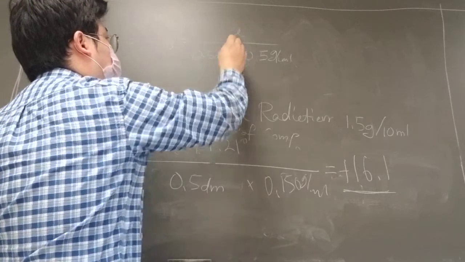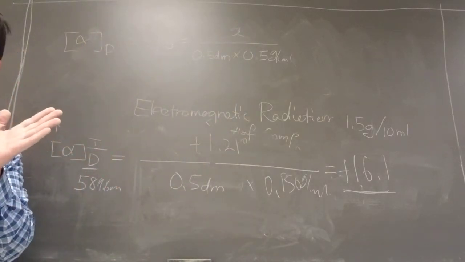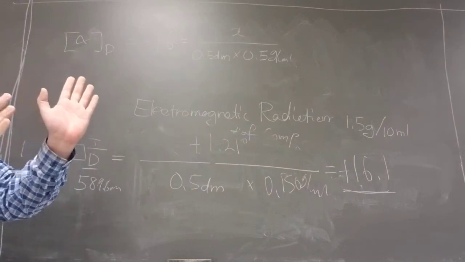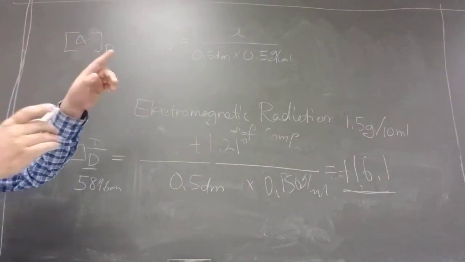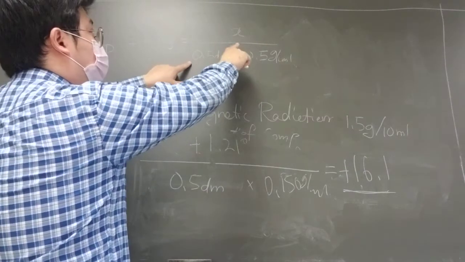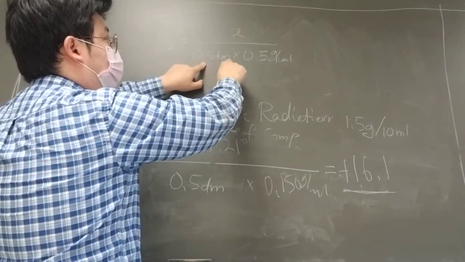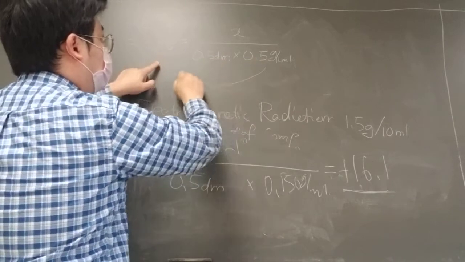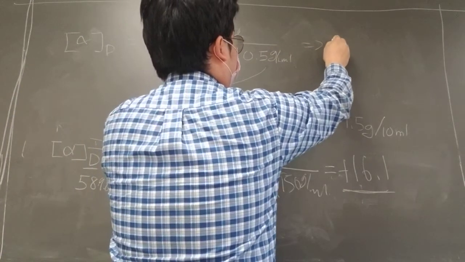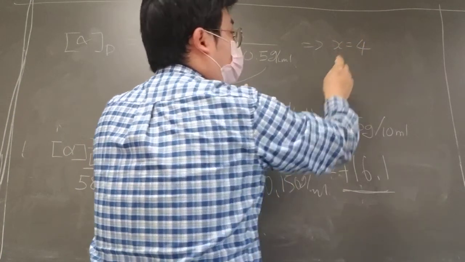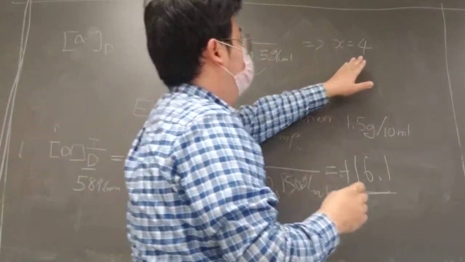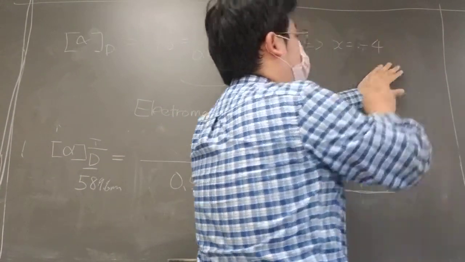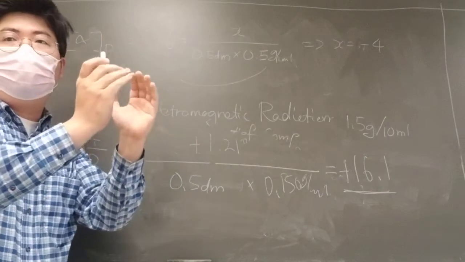And what might be the observed angle there, right? So you just need to do it the other way. This is x divided by 0.5 and 0.5, right? So you just need to go here. So your x will be what? 4. Okay? -4. So it would be negative.